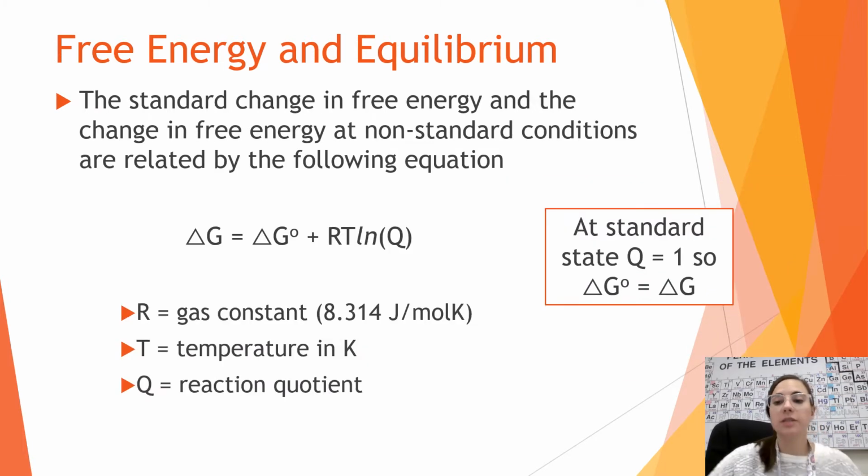So up until this point, we have been talking about calculating delta G when we're at standard conditions. But what if we're not at standard conditions?